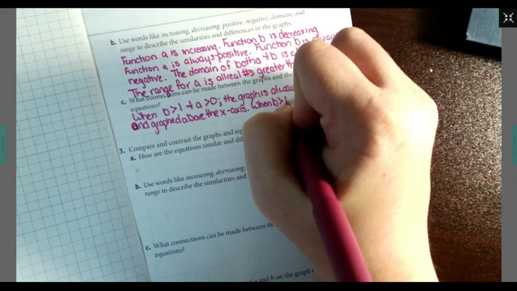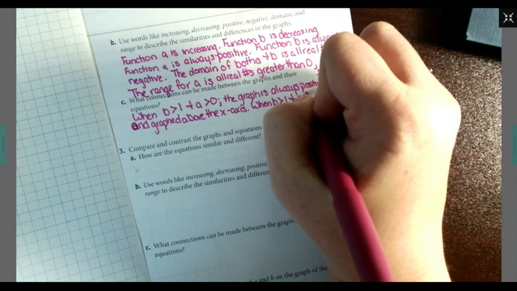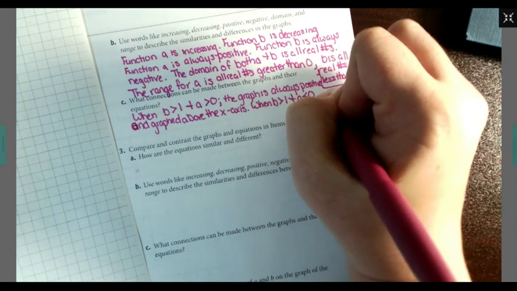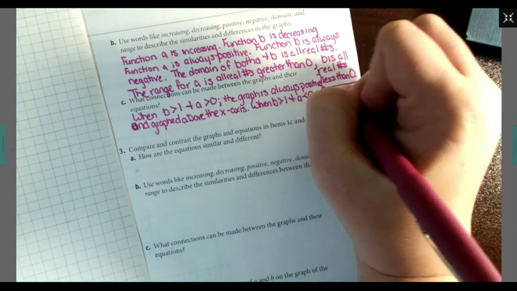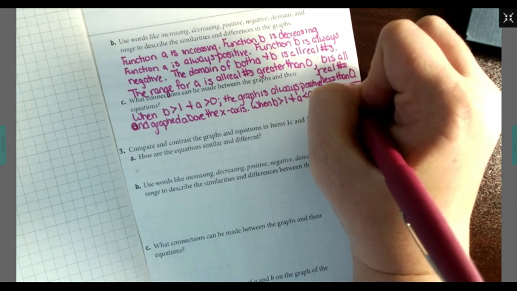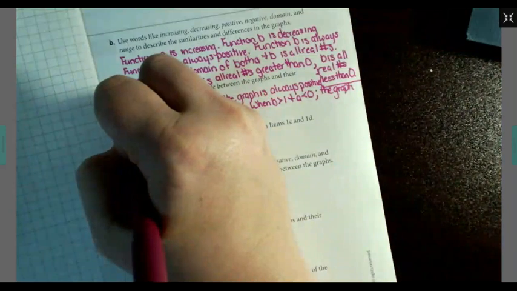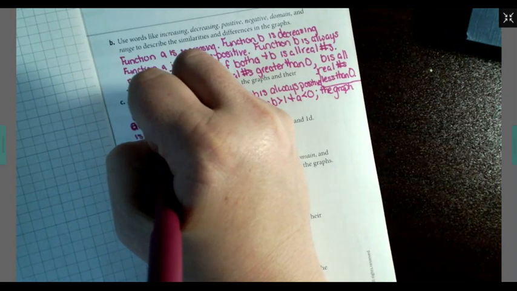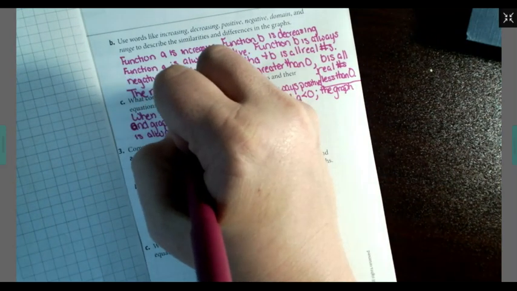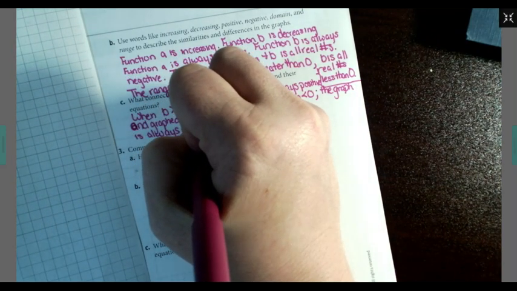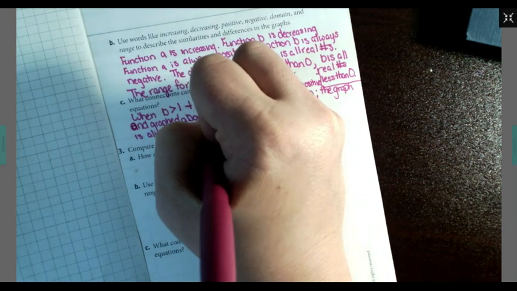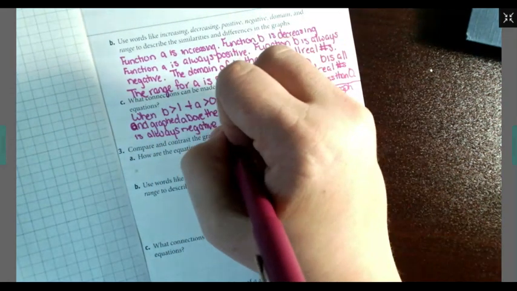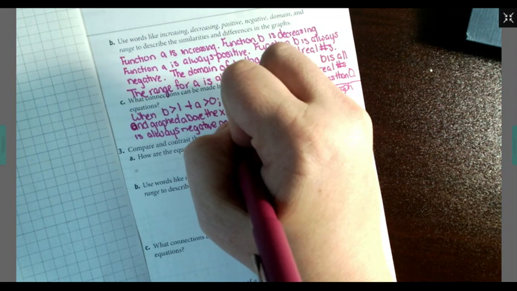When B is greater than 1 and A is less than 0, the graph is always negative and graphed below the x-axis.